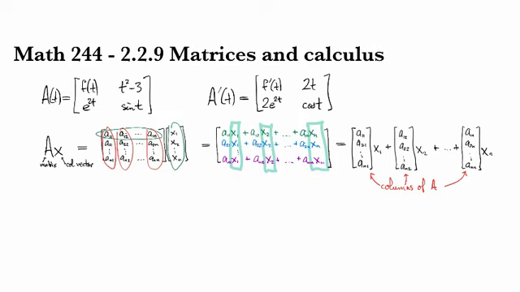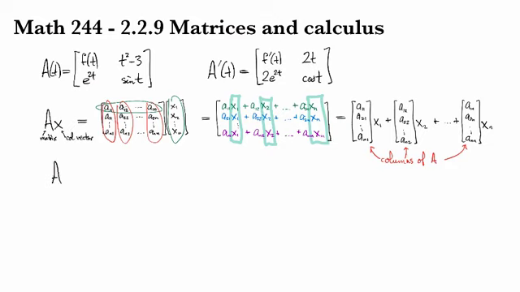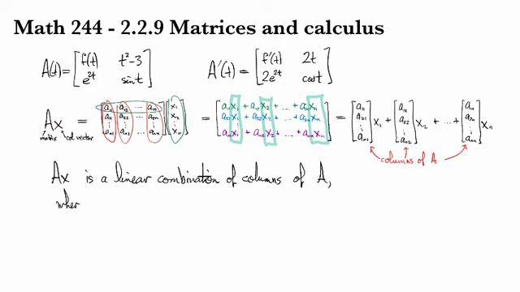So what we need to keep in mind is that Ax is a linear combination of columns of A, where the coefficients are given by the entries of x. And that way of thinking about A times x will be very useful in the days to come.